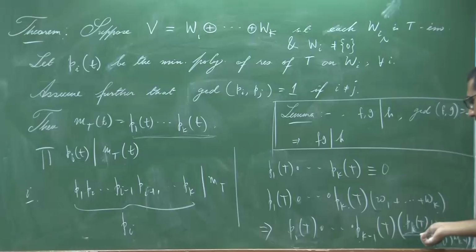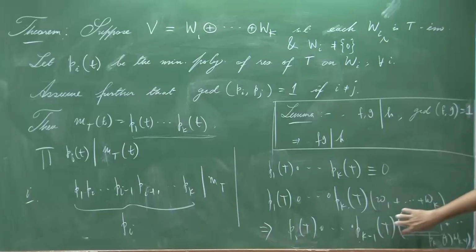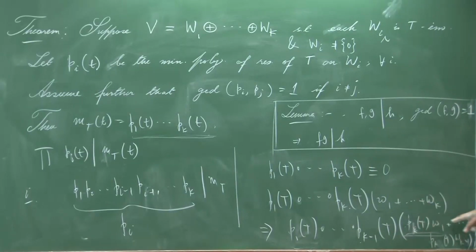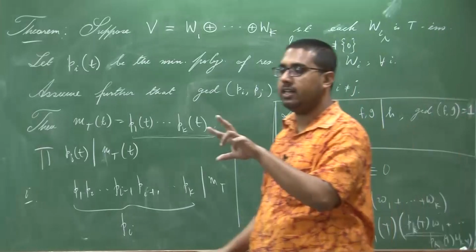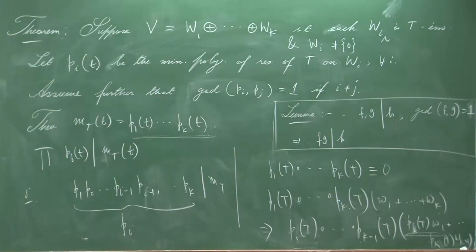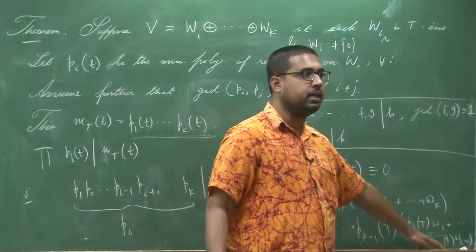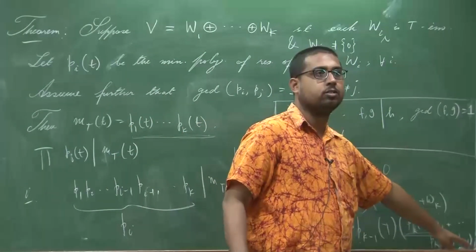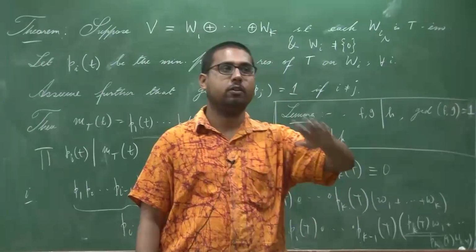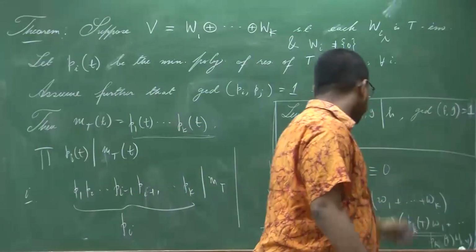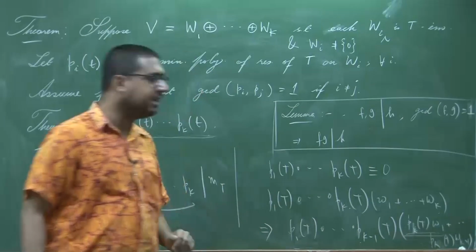Now, when this p_{k-1}(T) will appear, we do not know what it is going to do with the other terms, but for sure when it comes here, then we will have p_{k-1}(T) of p_k(T) times p_k(T) w_{k-1}. p_k(T) and p_{k-1}(T) will commute. So, we will have p_k(T) composed with p_{k-1}(T) applied on w_{k-1}, that term will go. Therefore, if you keep on going, all the terms will be 0. Hence, this is an annihilating polynomial.